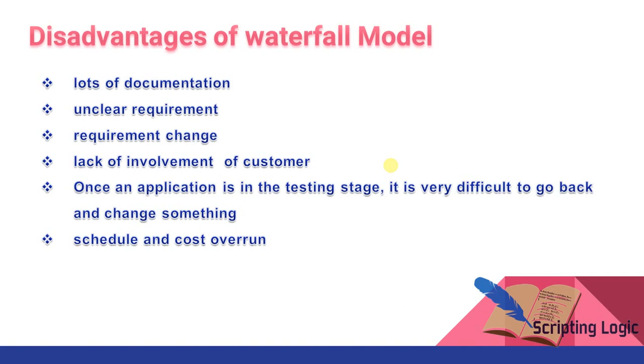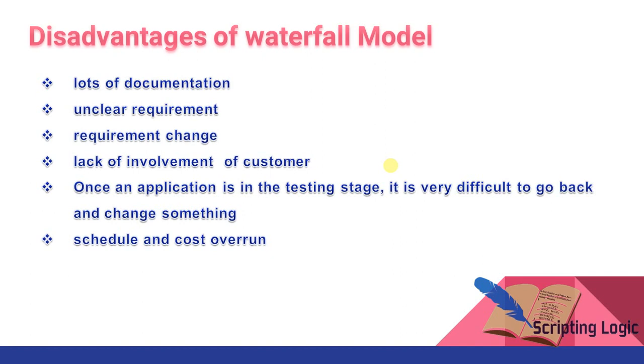Then this is because of the lack of involvement of a customer in different phases. The customer is involved only in the requirement phase. He is not involved in design phase, is not involved in coding phase, and ultimately the alpha testing phase, right? So the customer comes into picture only after the testing phase, that is in deployment phase, right?